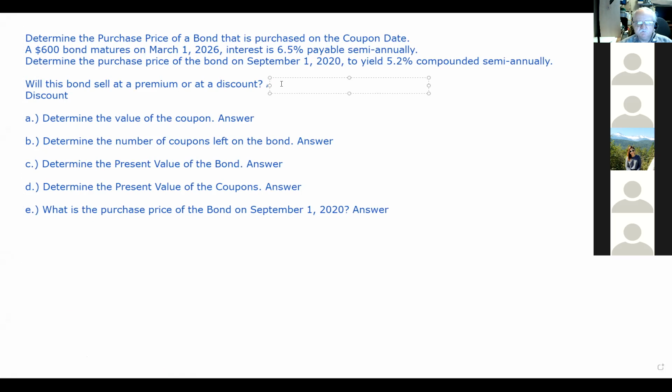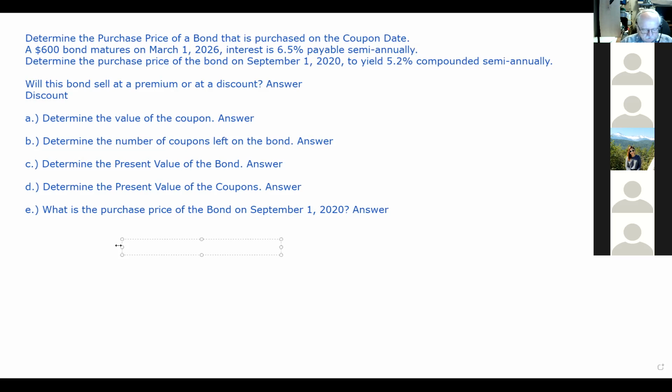And if you find the formula sheet doesn't make sense, then you need to work with me to rewrite or revise the formula sheet so it does actually make sense. So the very first thing on the formula sheet that you see is premium or discount.